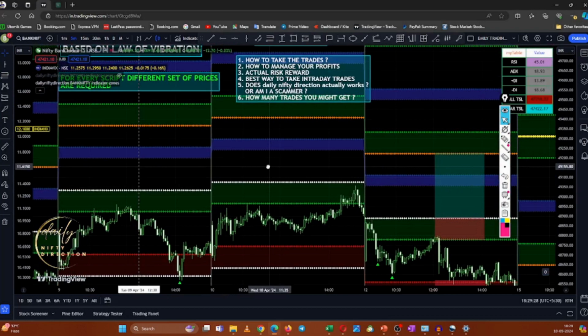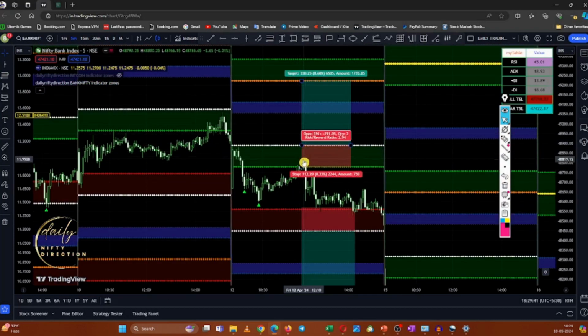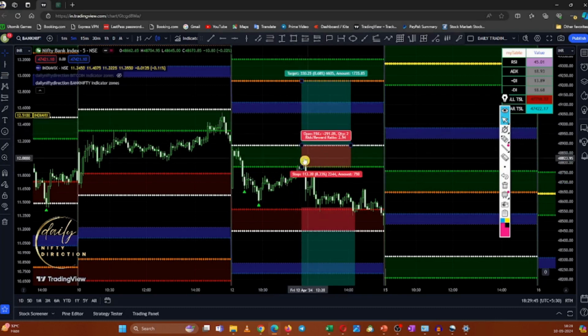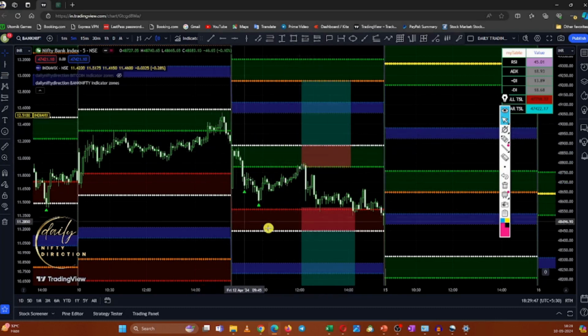Okay, first of all, you will take the trades between the zones. These zones here are no trading zones. Okay, so these white lines, let us consider them as the barriers of the market, right?